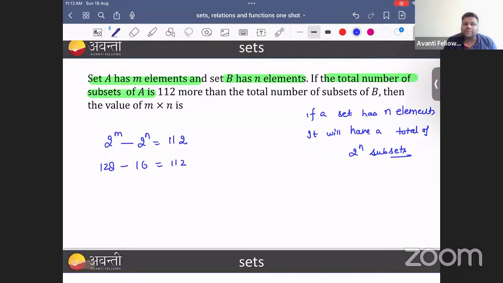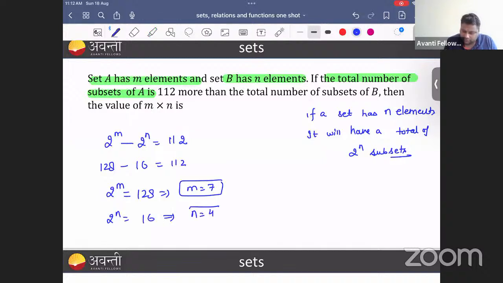There's no rocket science behind it. So that means 2 to the power m is 128, which implies m is 7. 2 to the power n is 16, which implies n is 4. Got it? Now they are asking for m cross n. It is 7 into 4, that is 28. Very easy and simple question.